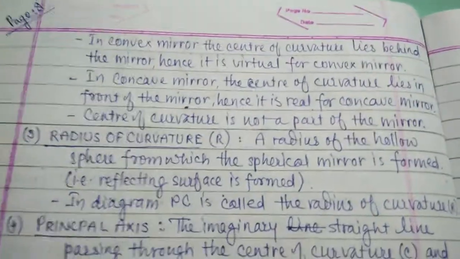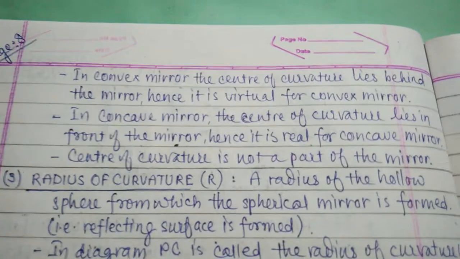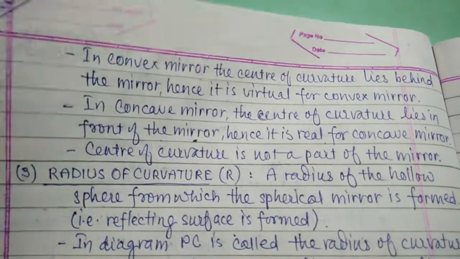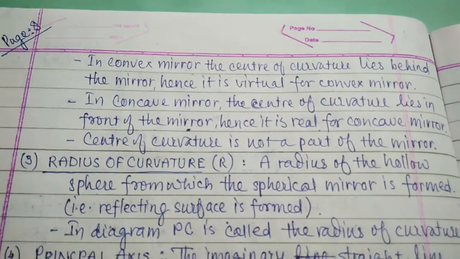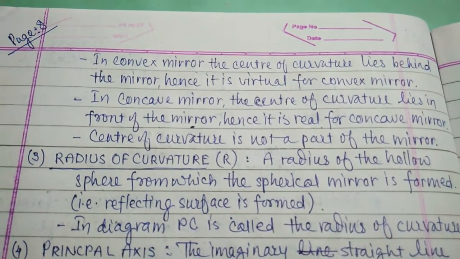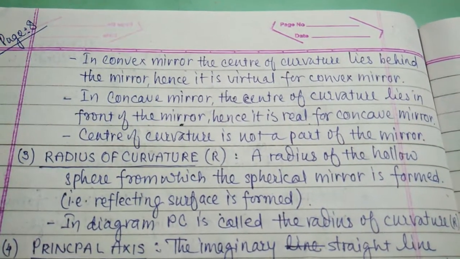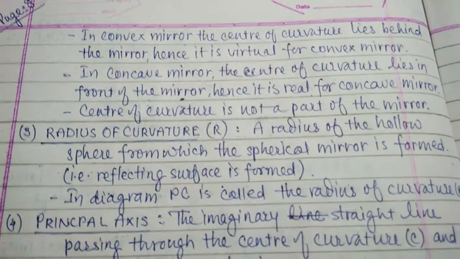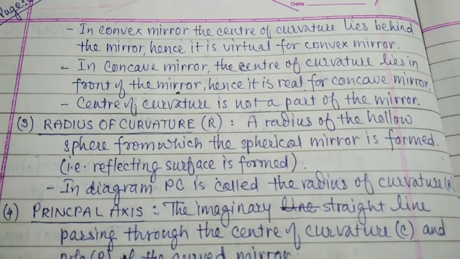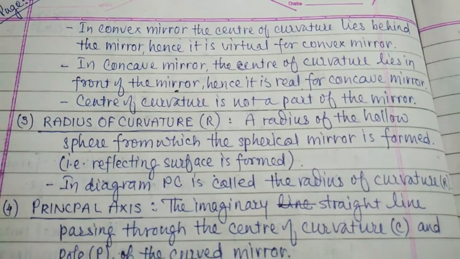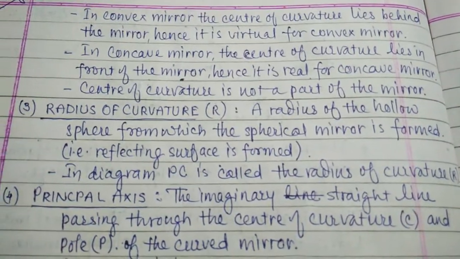Now, in a convex mirror, the center of curvature lies behind the mirror, hence it is virtual for a convex mirror. In a concave mirror, the center of curvature lies in front of the mirror, hence it is real for a concave mirror.